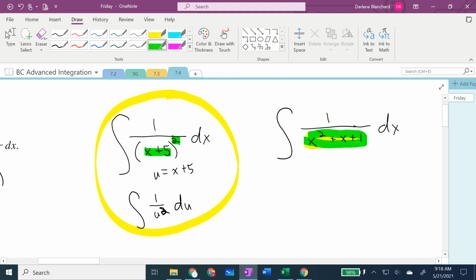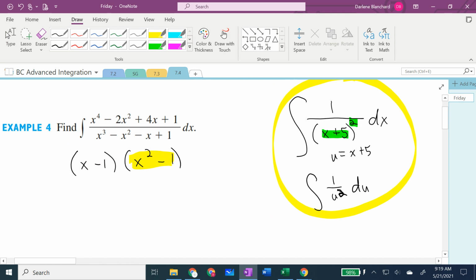And the point of the fraction decomposition that we're doing here is we're trying to create something that is easiest to integrate, shall we say, or in a form that is nice to integrate.